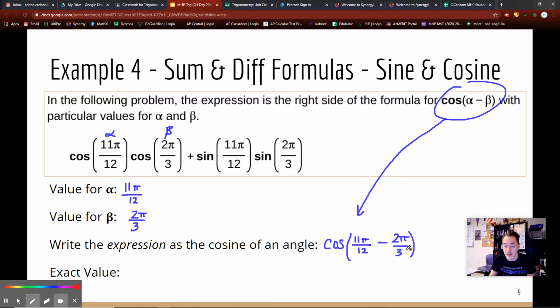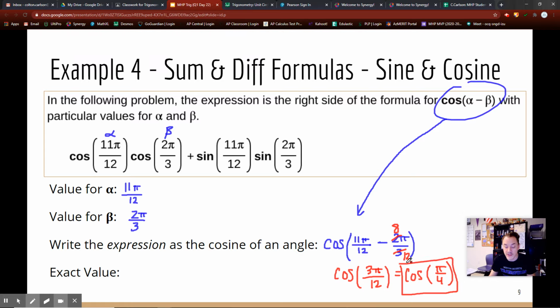We need to find common denominators. 3 times 4 gives me 12, so 2 times 4 is 8. So now what I'm being asked to find is 11 pi minus 8 pi. That's going to be 3 pi all over 12, which is the same thing as cosine of pi all over 4. So this is the expression that I want to find, which is nice, right?